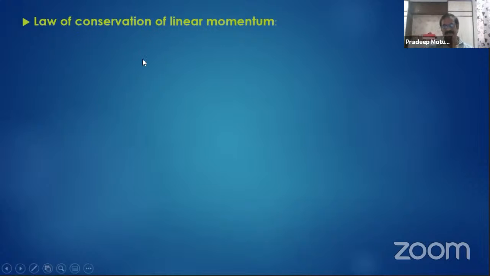That is transformation, to change. Linear momentum, I already told you. What is linear momentum? Linear momentum means the body is moving in a straight line. When it is moving in a straight line, we say that it has linear momentum.